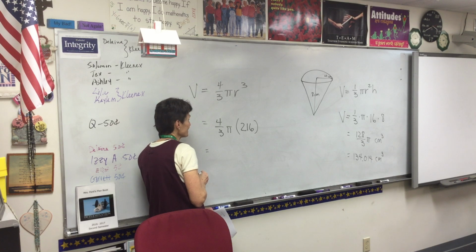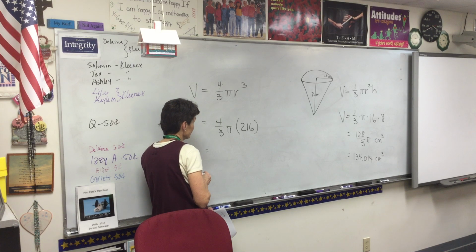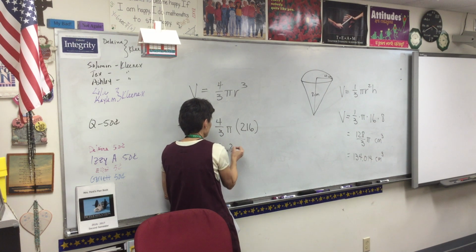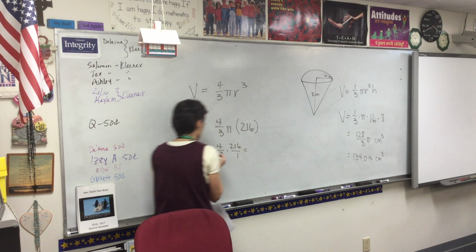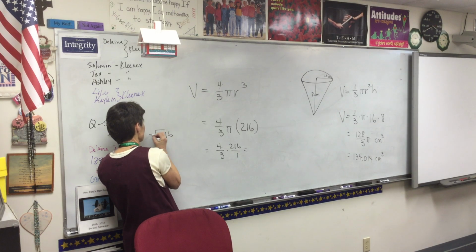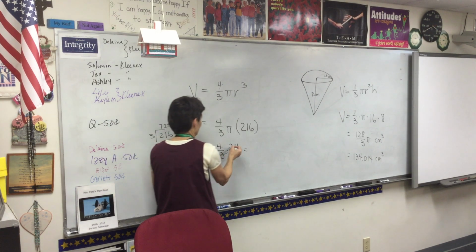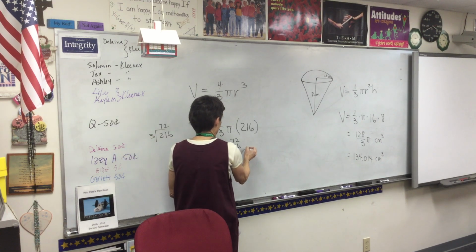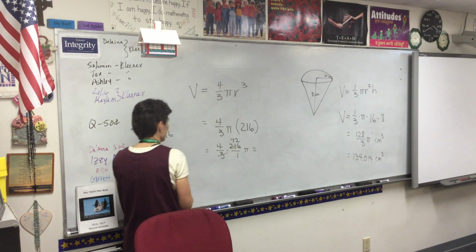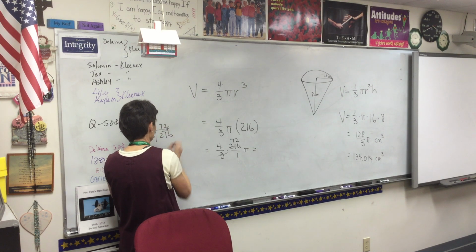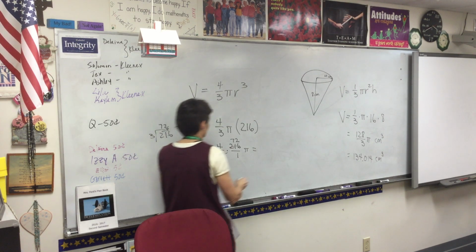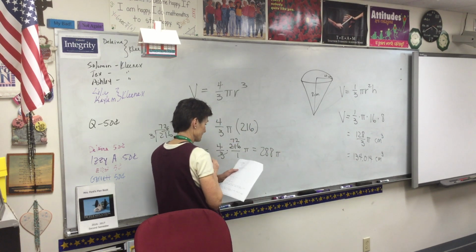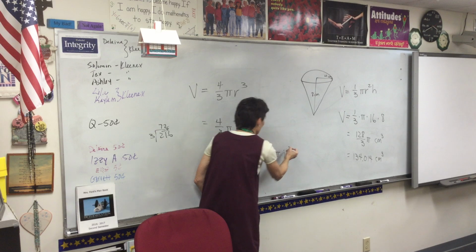And then if I'm doing this exactly, I have 4/3 times 216/1. I think 3 goes into 216. And then 4 times 72 is 288 pi.